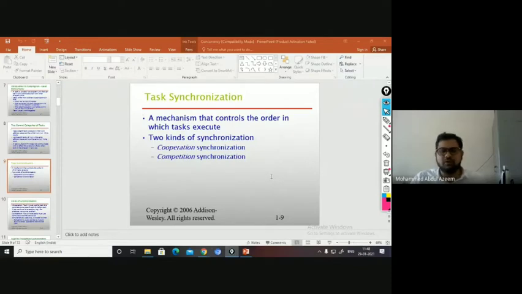But at the same time, this process will not think that my processor is busy with someone else, because of which I need to be waiting in a wait mode until that is released. That also should not happen at the same time, right?